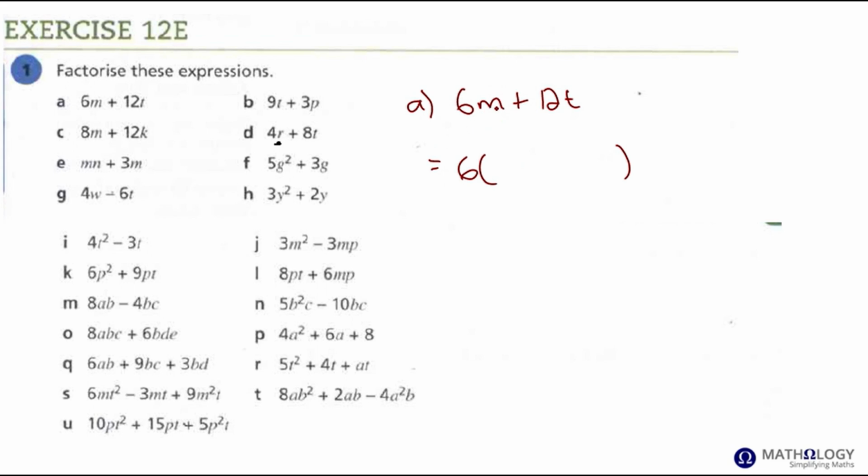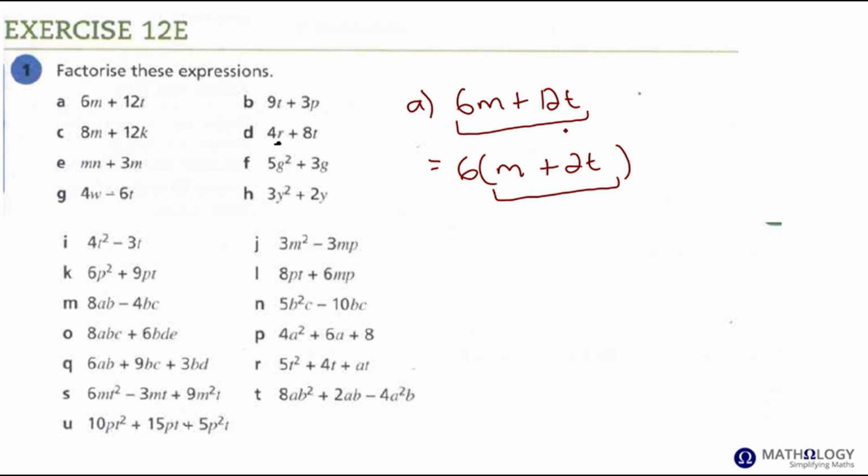So 6m divided by 6 will just give us m, and 12t divided by 6 will give us 2t. Now, an important thing to note is that the number of terms inside the factorized bracket needs to match the number of terms of the original expression. In other words, the original expression 6m plus 12t contains two terms.